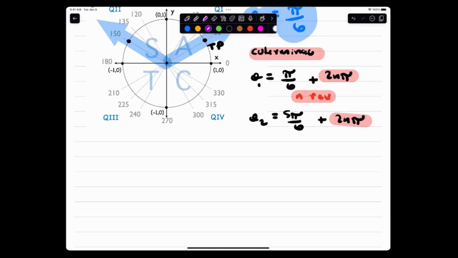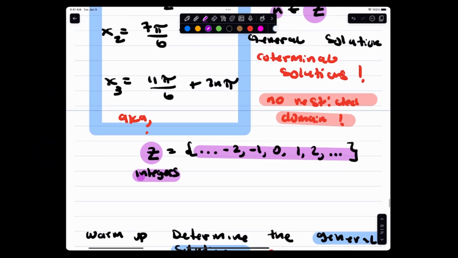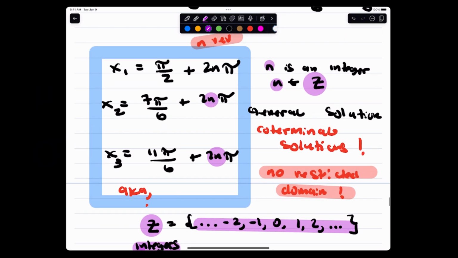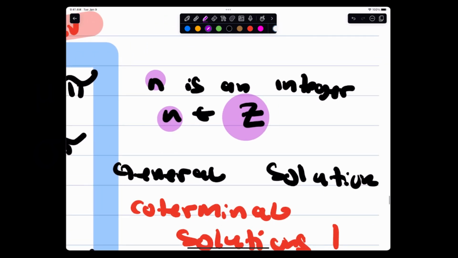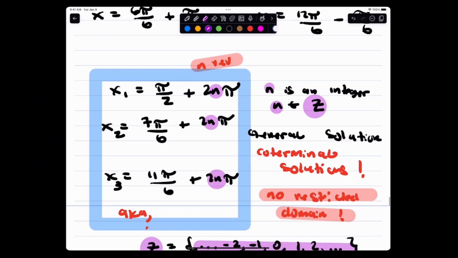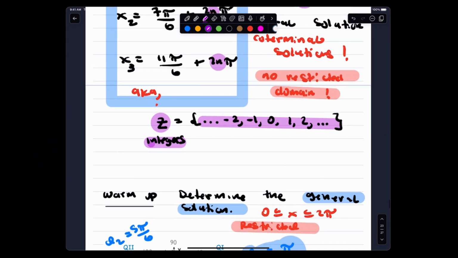What do we say n was last time? We have to write this down too. Here's our n. Here's our n. These are the n revs. What does n have to be? N's an integer. So we want to write the phrase down: n is an integer, where these are the integer values.